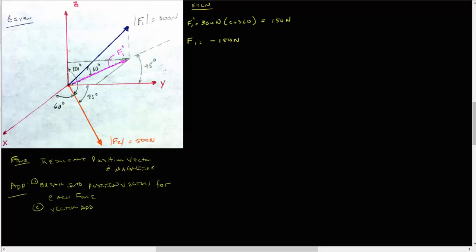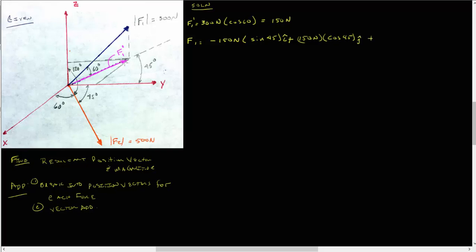So that's why I'm denoting that this is a negative 150 times the sine of 45 degrees. Here you go, got 45, and you got sine of 45. And then I come in and say plus, and I'll say i, plus 150 newtons times the cosine of 45, and that's in my j direction.